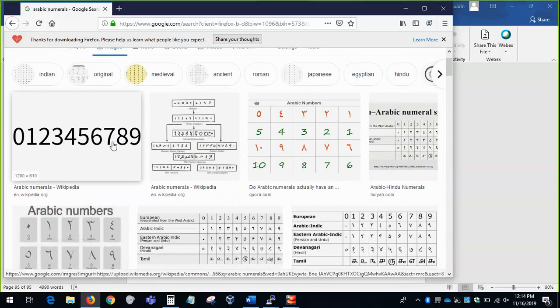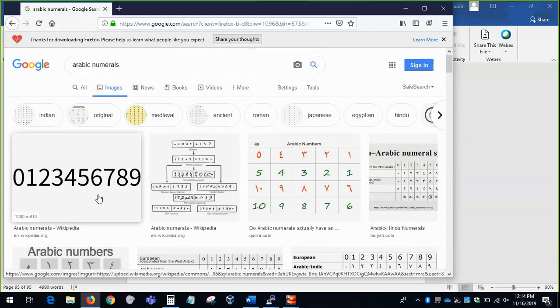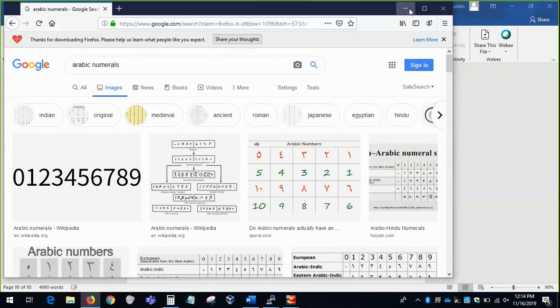So what we are looking at is Arabic here.